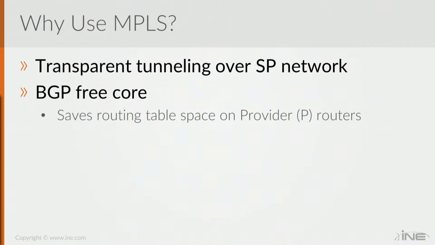The idea is that the very high-speed core routers in the service provider network don't need to know the overall IPv4 Internet global table, the IPv6 table, or all the MPLS customers. They save a bunch of routing table space and only have to make their decision based on a small number of MPLS labels that are based on the ingress edge and the egress edge of the specific provider edge devices.